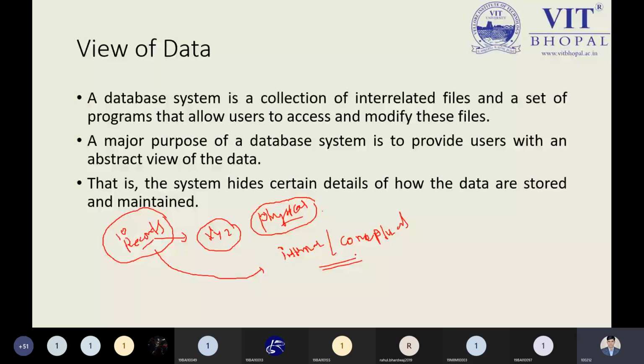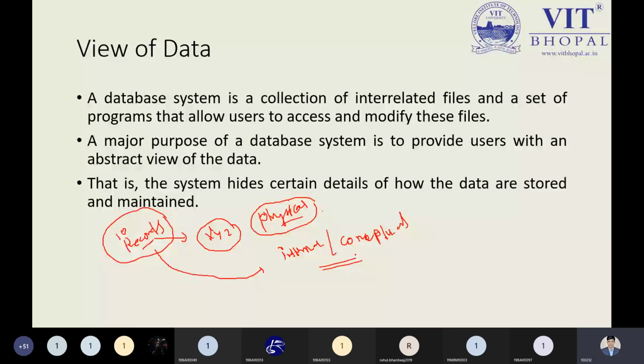Conceptual data, you can say, is how to store the data, and that is not in your hand. In your hand you can just store the data, type the data, maintain data, but you can do it at the physical level. After storing the data, after the conceptual level, the user can view the data in a different way.